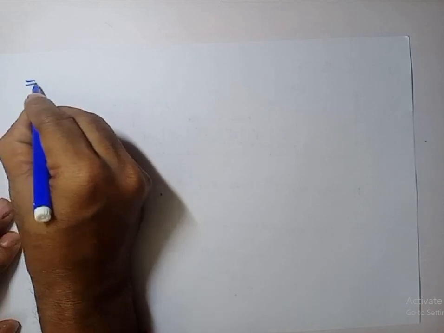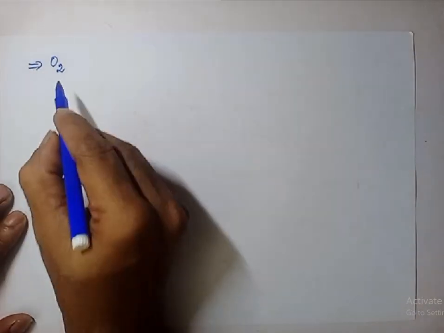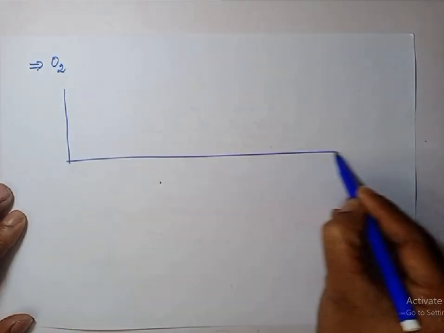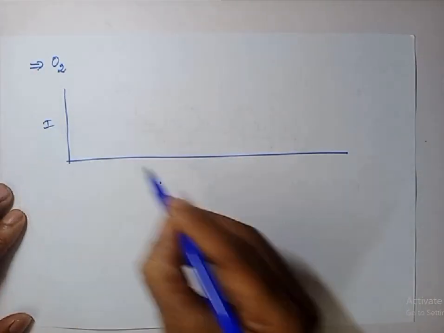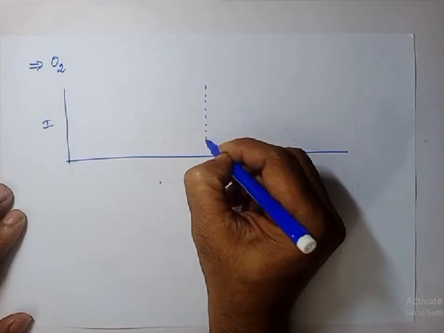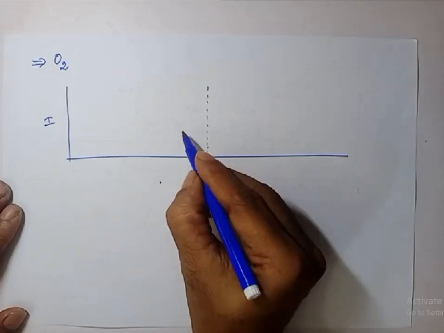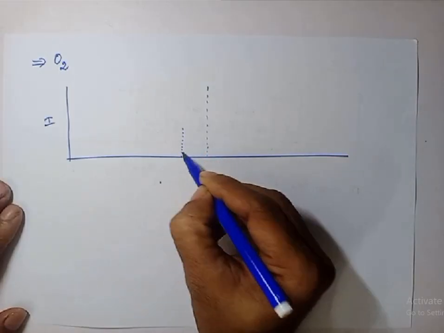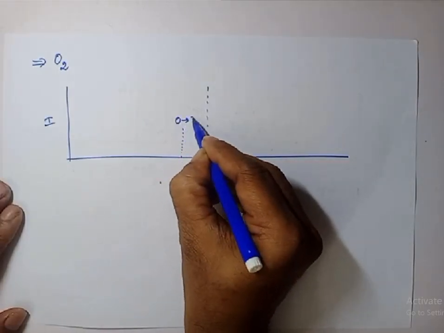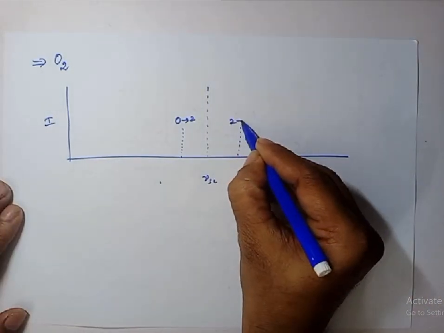See here. In the case of the oxygen molecule, this is intensity, this is scattered frequency, and this is the Rayleigh line. In the case of the O2 molecule, the first Stokes line does not appear, you know very well. 0 to 2 does not appear. Similarly, the first anti-Stokes line does not appear.